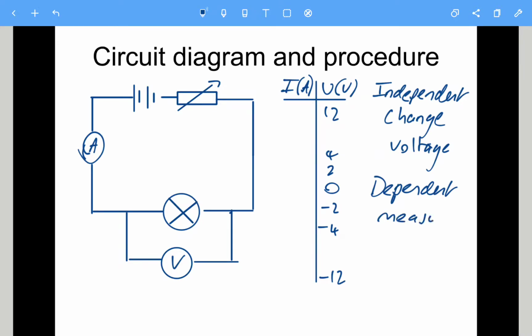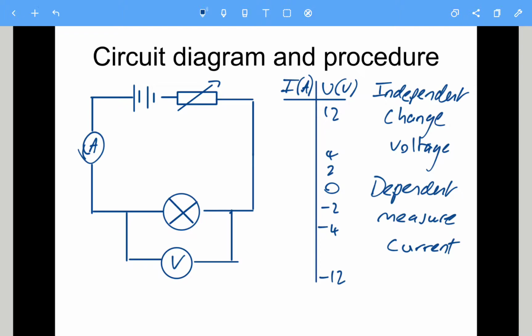The thing that we're measuring in this experiment is the current values. If you've got a 6 volt bulb, you might go +1, 2, 3, 4, 5, 6, and then -6. That gives you a nice spread of results.